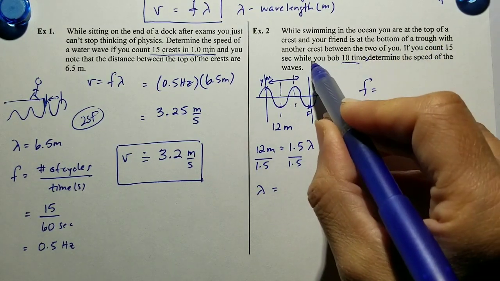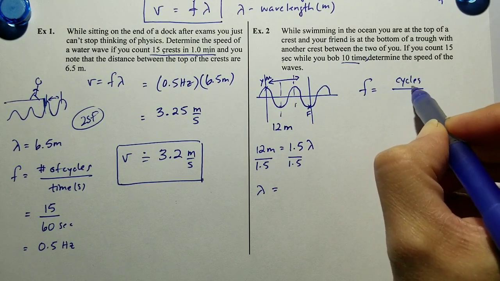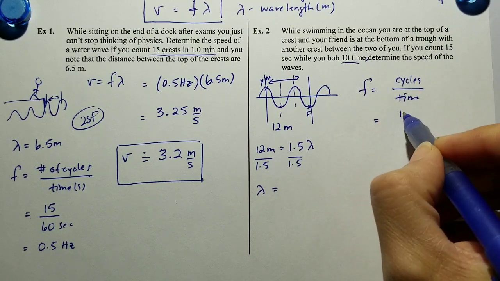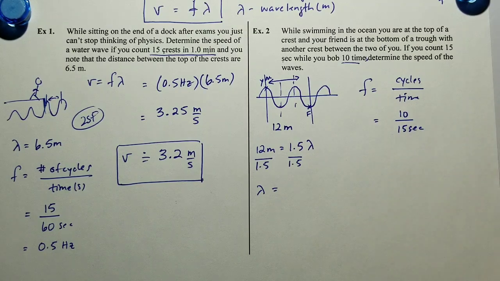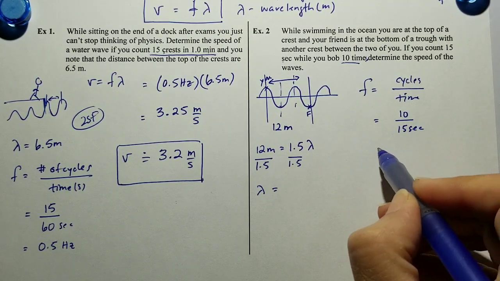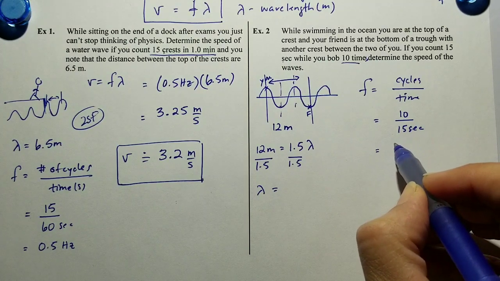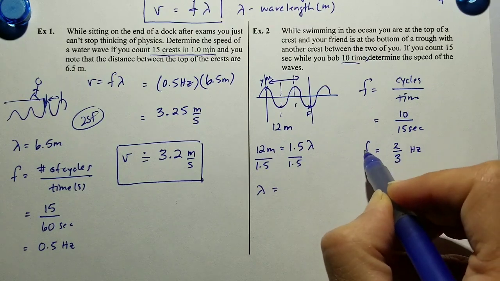So remember, it's cycles per time. So you bob 10 times, it's 10 cycles, and you have 15 seconds. All right? Now, if you want to reduce that, you can. That's going to be 2/3, and that's going to be hertz.